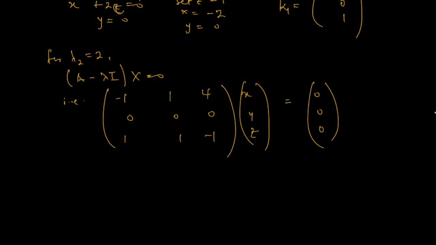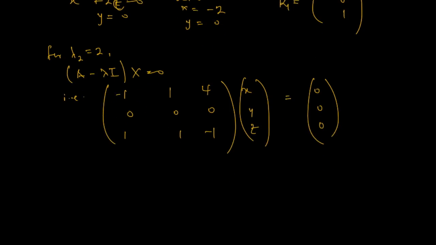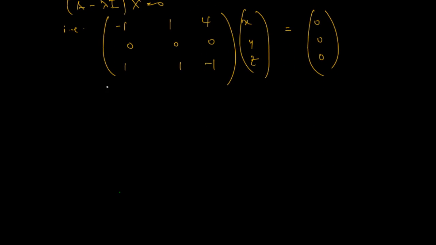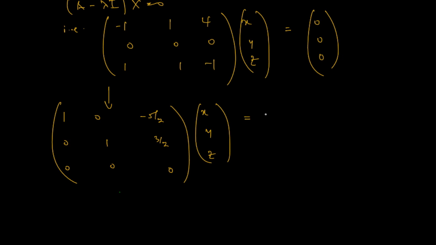To solve this linear system, we row reduce this coefficient matrix. When we row reduce it, we have 1, 0, negative 5 over 2, 0, 1, 3 over 2, 0, 0, 0, times x, y, z equals 0, 0, 0.